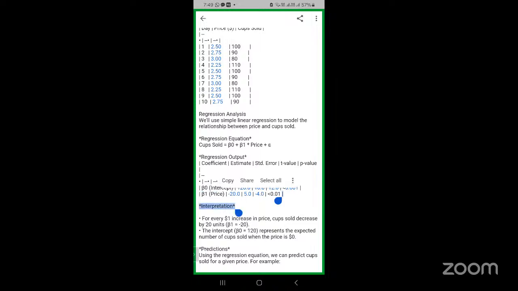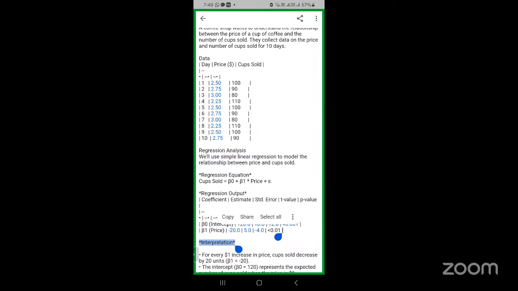That means when the price increases, cups sold is decreasing.